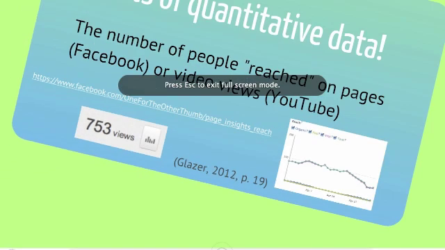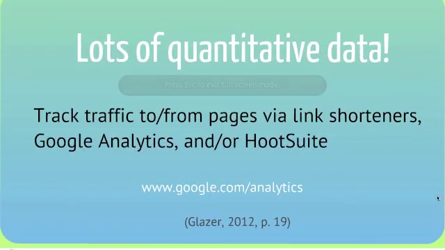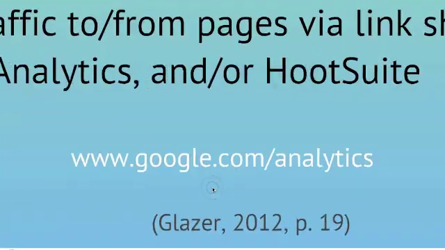Now you can also track traffic to and from pages via link shorteners, Google Analytics, and Hootsuite. Link shorteners and Hootsuite just tell you how many people clicked on a link that you posted. Google Analytics will give you traffic information about who was referred to your website via social media platforms.